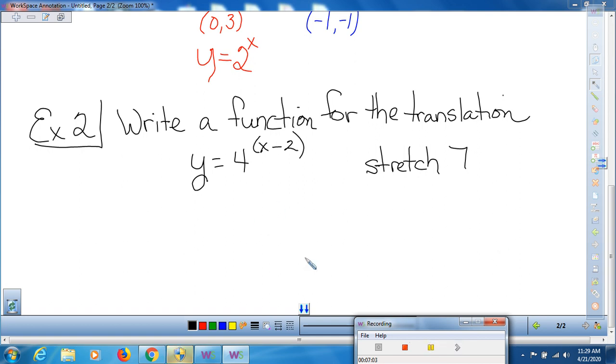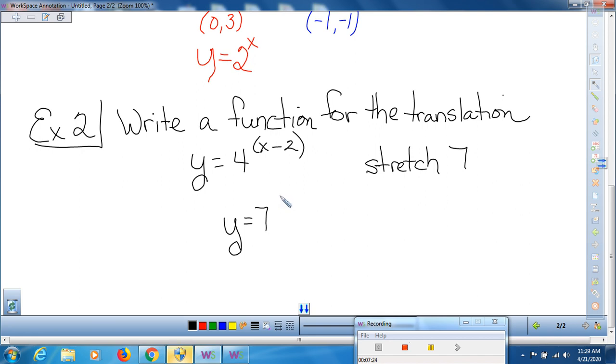All right, for our second example today, we want to write a function for the translation. So here's our function we're given, y equals 4 to the x minus 2. And they're asking you to rewrite this function with a stretch of 7. Well, where does the 7 go? When we have a stretch of 7, that's our a value that sits in front. So all it's asking you to do is say y equals our stretch of 7, so 7 comes first.